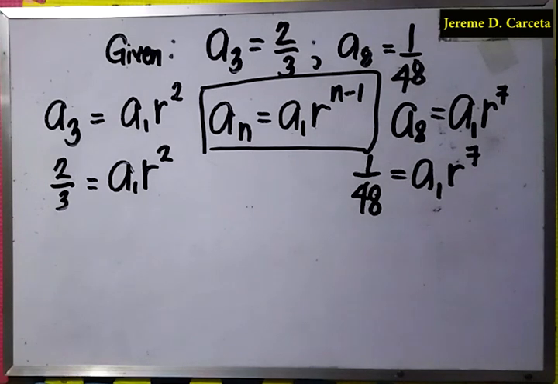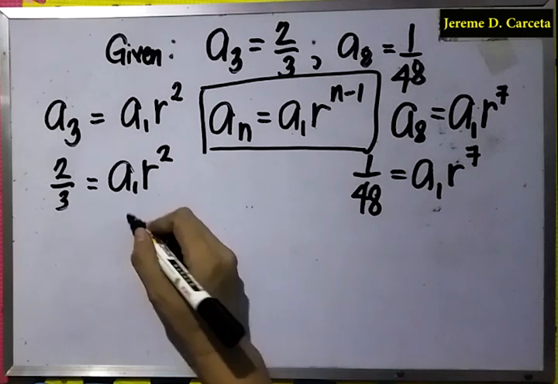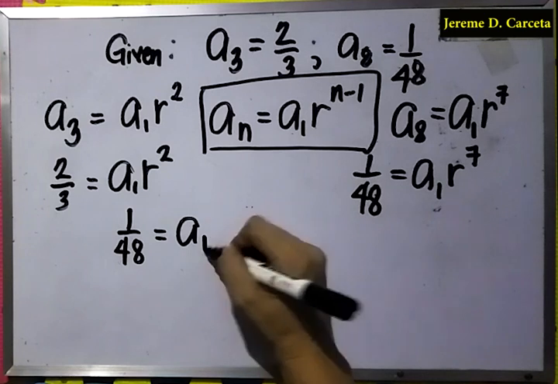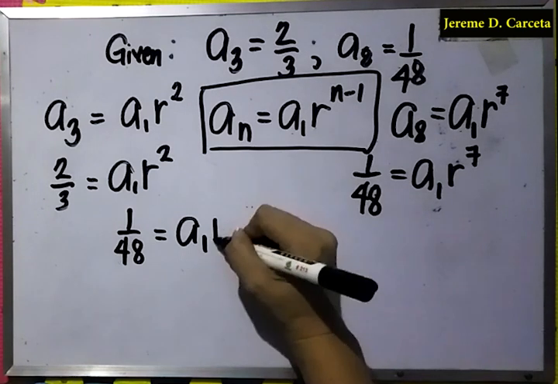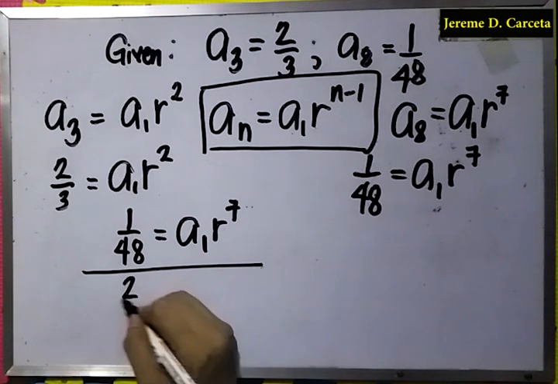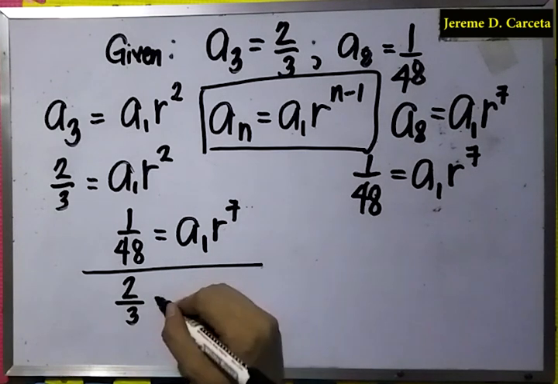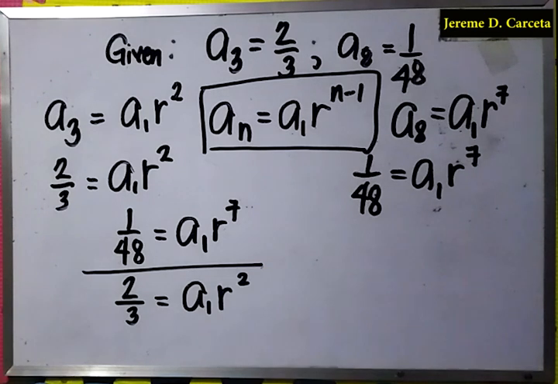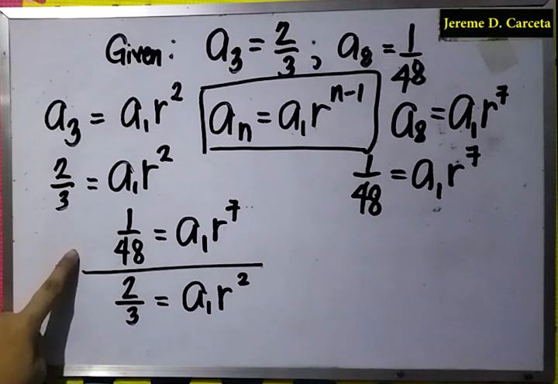So let us divide the two given equations. We have 1/48 is equal to a sub 1 times r raised to 7, divided by 2/3 is equal to a sub 1 times r squared. As we divide numbers, again, we have complex fractions.